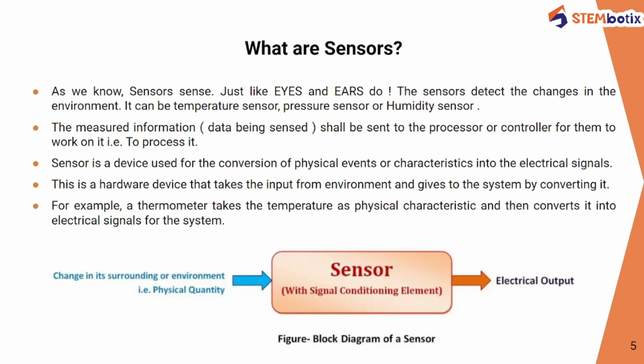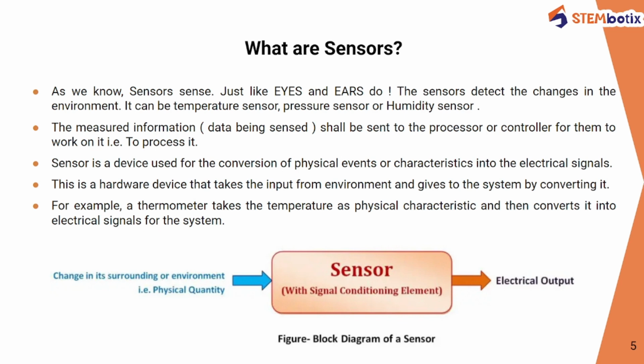A sensor is a device which is used for the conversion of physical events or characteristics into an electrical signal. Sensors do one thing: they take the data, which is the physical event from the surrounding medium or other characteristics, and their main function is to convert that physical event into an electrical signal.